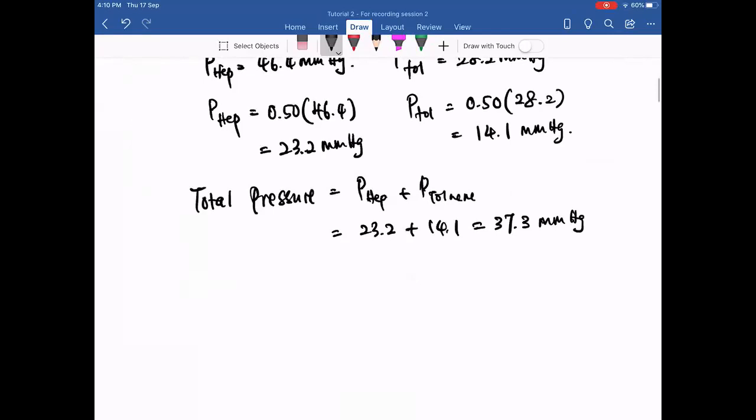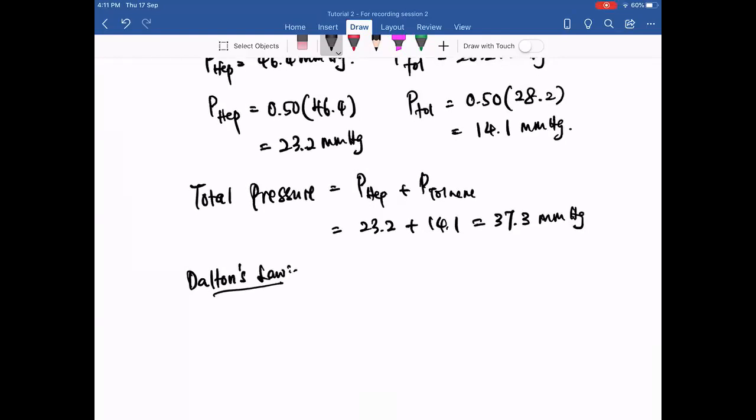So now we want to know what is our mole fractions in the vapor phase. Here is where we use Dalton's law, which mentions that your Yi equals your Pi over P total.